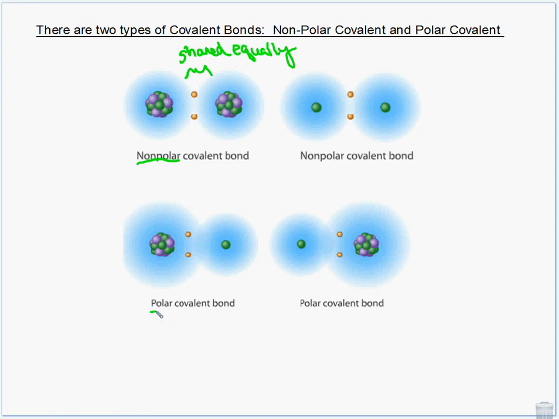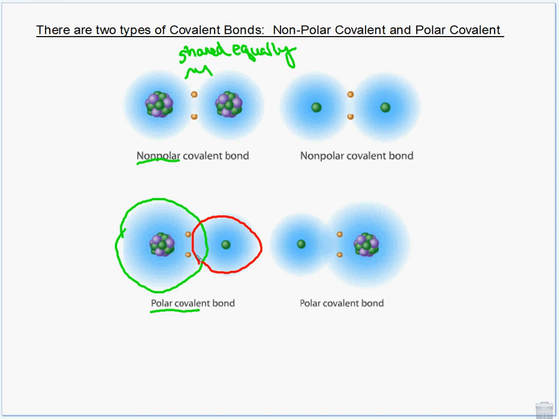In the polar covalent bond, one of the atoms tends to hog the electrons a little bit. You can see that here's this atom and here's this other one, and this larger atom is pulling those electrons a little closer to its nucleus.